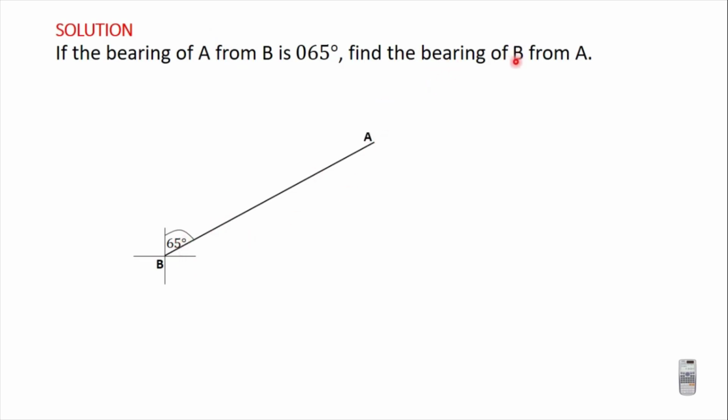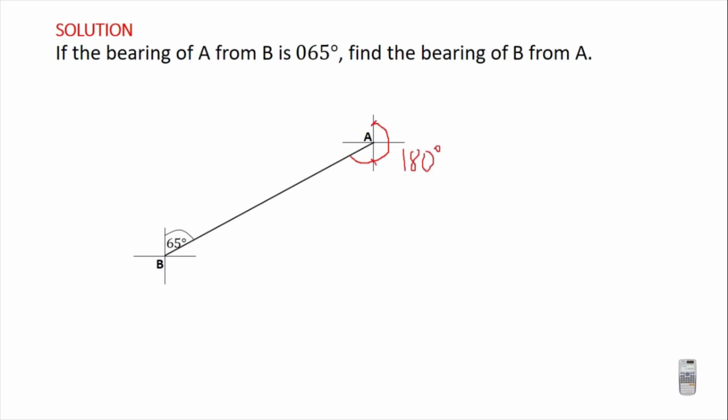To find the back bearing, that's the bearing of B from A, we will draw our diagram on A like this. So you can see clearly from here that the bearing of B from A will be this angle. You will measure from the 0 up to this point. But we know that from this point here up to this point here is 180 degrees.